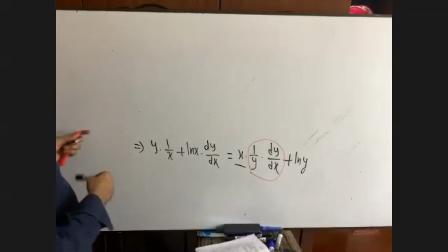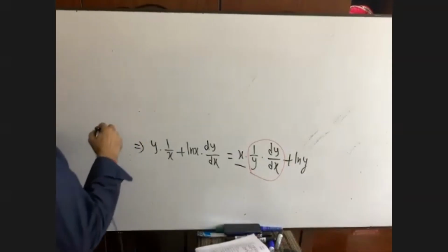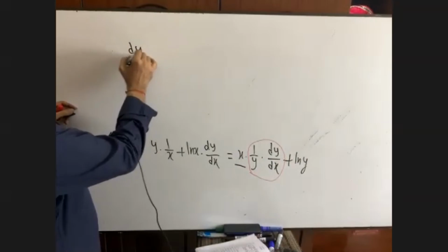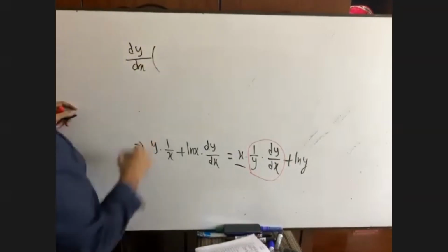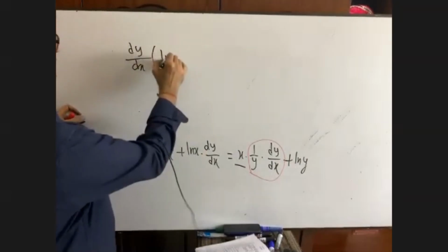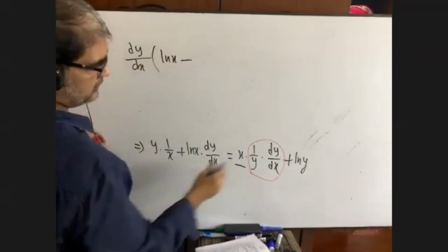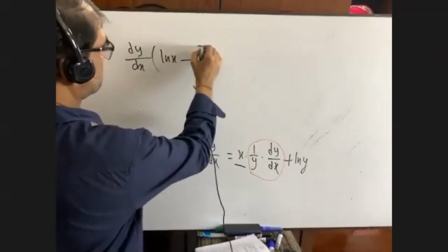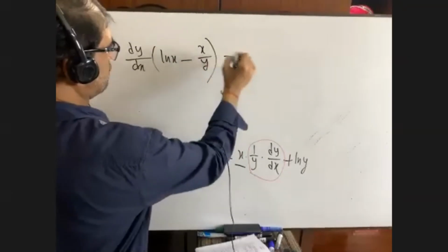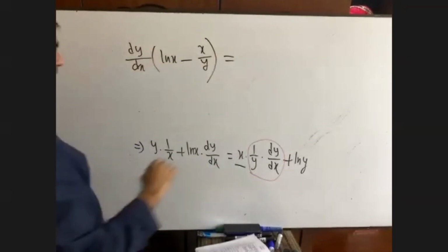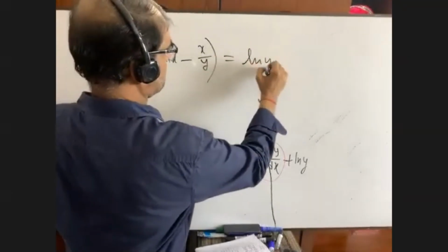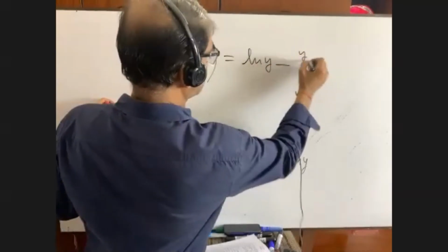Okay, now you see, I can take dy by dx common. Dy by dx has been taken common, so it is ln x minus x by y is equal to, we are getting ln y minus y by x.